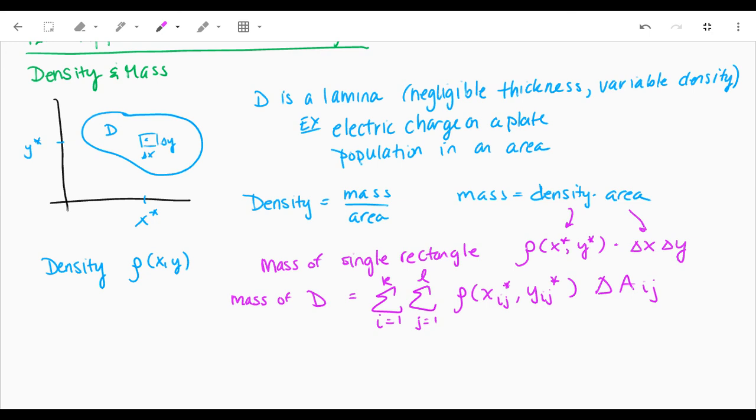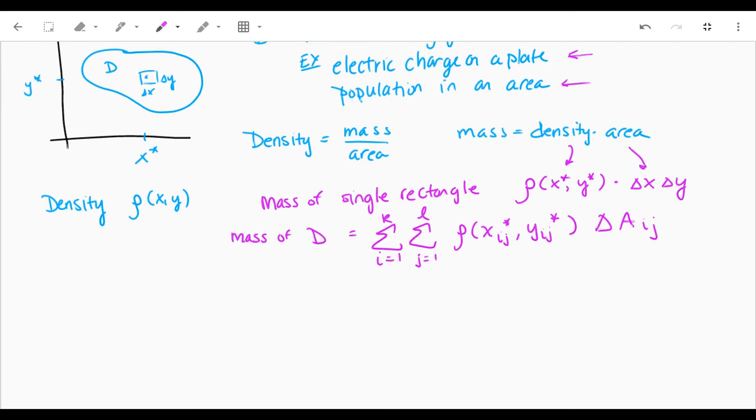If we go back to our examples, if we're talking about electric charge on a plate, that would give us the total charge. Population in an area, if we're doing population density times the area, that gives you the total population. So your mass isn't always mass. It could be your population mass. It could be a total electric charge, something like that.